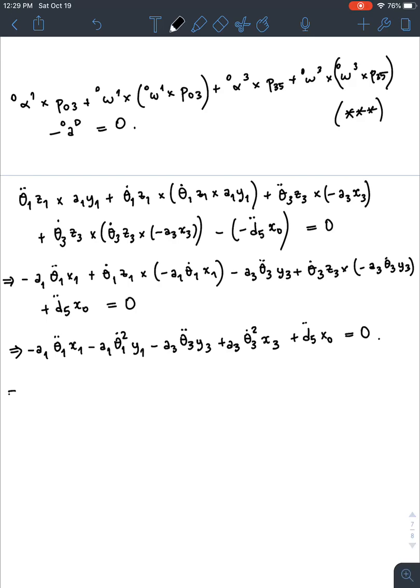And finally, I can move these in the 0th frame, write it in the common frame, and I choose to write it in the 0th frame.